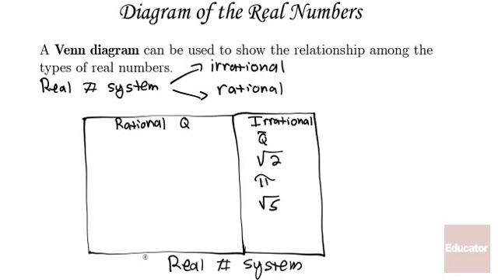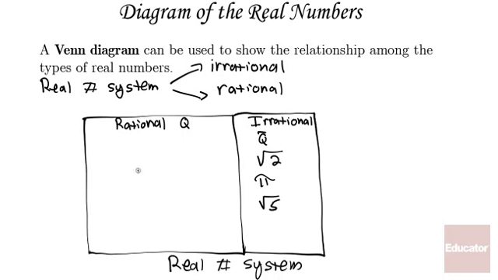Within rational numbers are some subsets. The first one is the natural numbers. And the natural numbers are the numbers that we use to count things. So 1, 2, 3, and on. They're the numbers we use in counting.